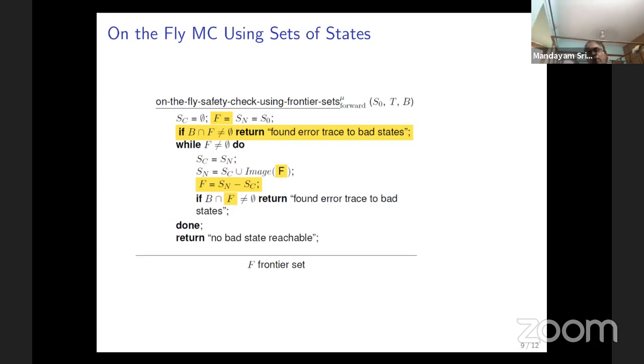The hope here is that, when you're doing symbolic model checking, it's the space that you worry about. When you do explicit model checking, it's the space that goes haywire.